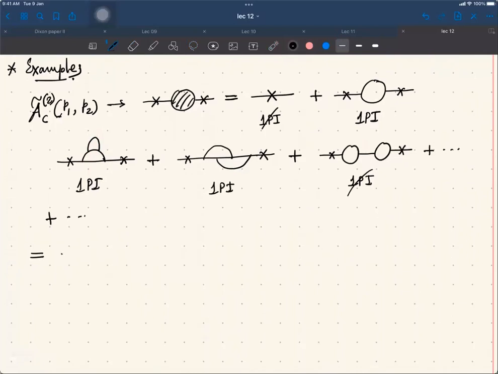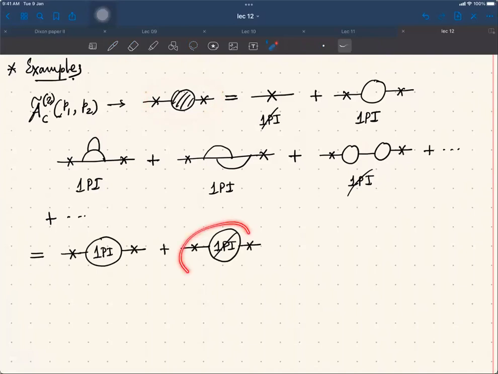So this diagram, my claim is, can be written as, that is obviously true, but because these tadpole diagrams are not present, this non 1 PI part will have the following structure.